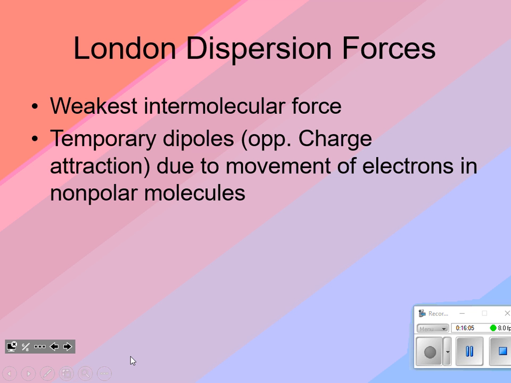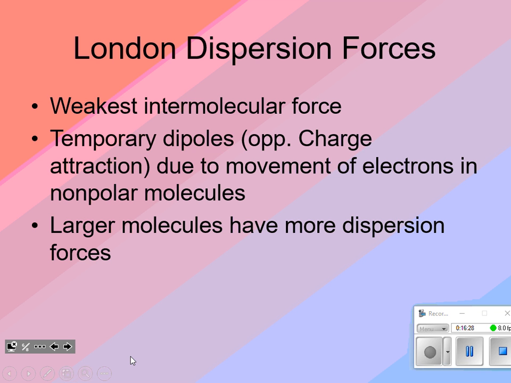And just like early on, when I said you should be able to connect bond type to intermolecular force, dispersion forces are what hold nonpolar covalent molecules together. And this is a weak thing. The last thing for text on this slide before I draw an example, the bigger you are for nonpolar, the more of these temporary dipoles you can have.